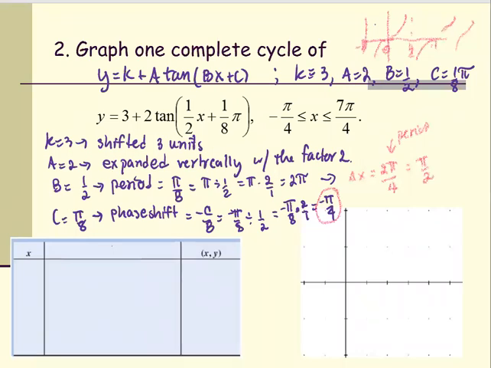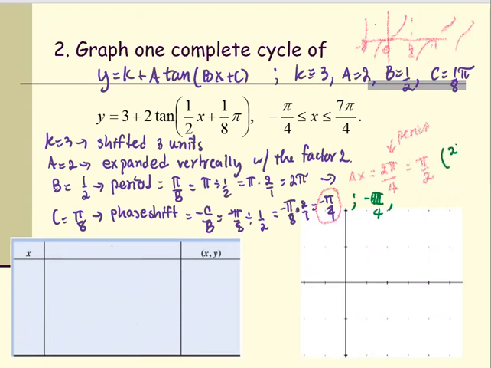When we make a list of 5 key points in order to sketch a graph, starting with negative pi over 4 for the first one, and the next we'll go by the increment of pi over 2.